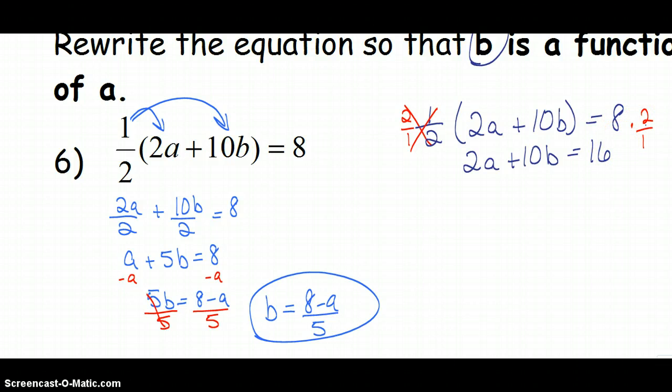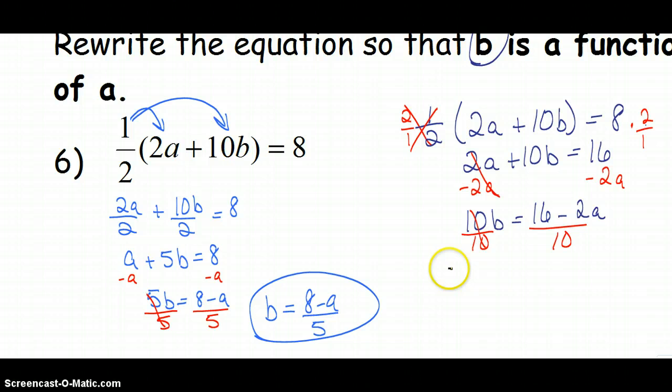I still need to get b by itself. I'm going to subtract 2a from both sides. So now I have 10b is equal to 16 minus 2a. Divide both sides by 10. And then I have b is equal to 16 minus 2a over 10.